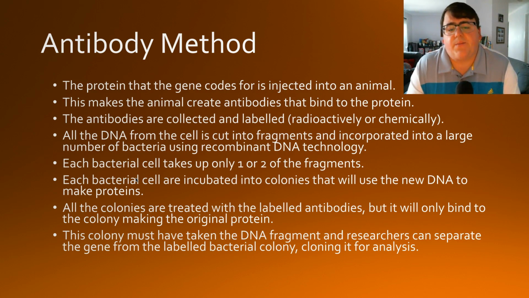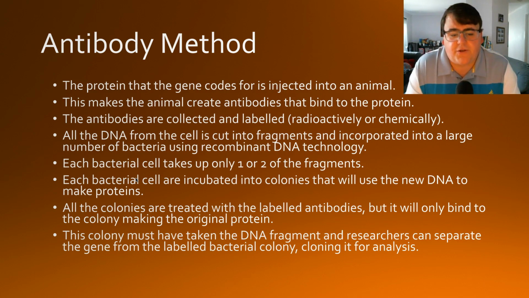We take those fragments and we put them into bacteria using recombinant DNA technology. Each bacterium will only take about 1 or 2 fragments, and those bacteria will then be incubated into colonies that will have that DNA, and they'll use that DNA to make the protein that we're looking for. All the colonies will be treated with labelled antibodies. The antibodies will only work on the protein that they are focused on.